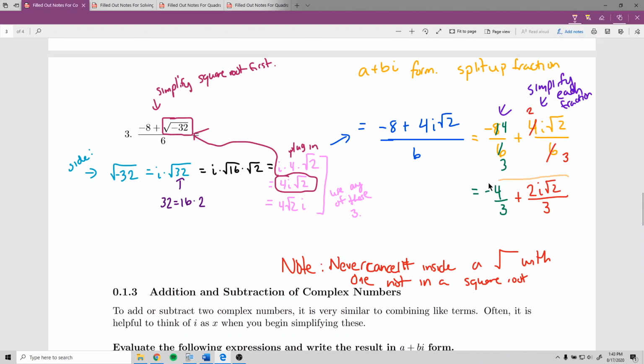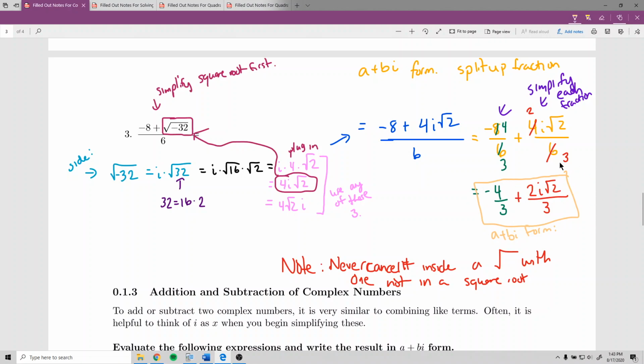And this is in a plus bi form. If you're a little bit bothered because of the second part, the i is not in the back, you could just move this i back here. b is 2 times the square root of 2 over 3. a happens to be -4/3.